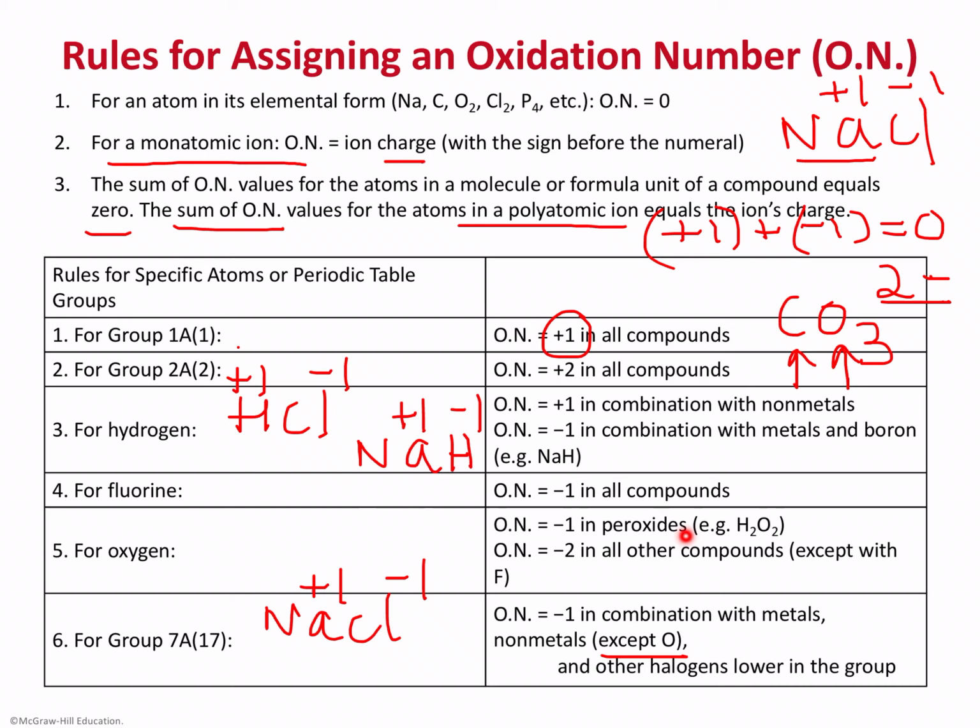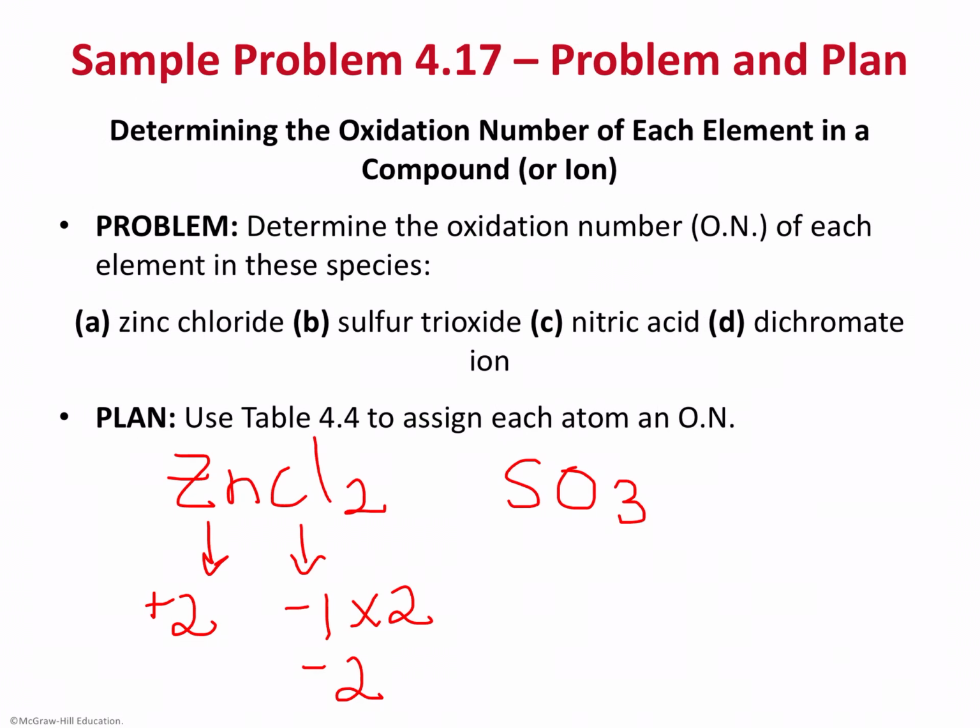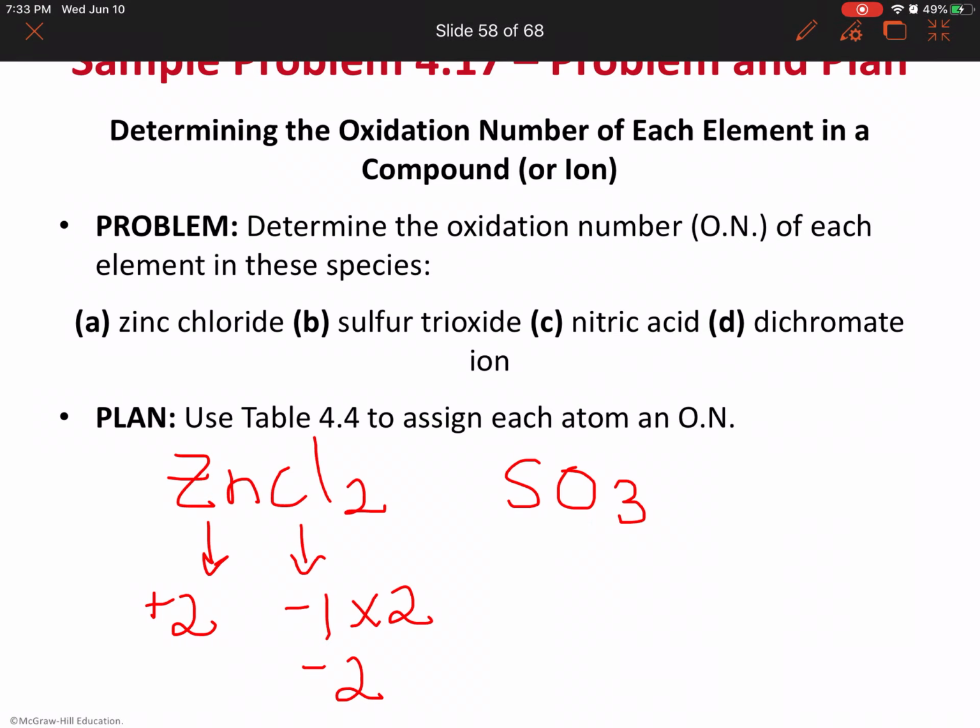But it's sulfur trioxide, a covalent compound, and oxygen is -2 in all other compounds. So we know the oxidation number for oxygen is -2, but we don't know the oxidation number for sulfur. But we know that in a neutral compound, when you add the charges, the sum of oxidation numbers should equal 0.